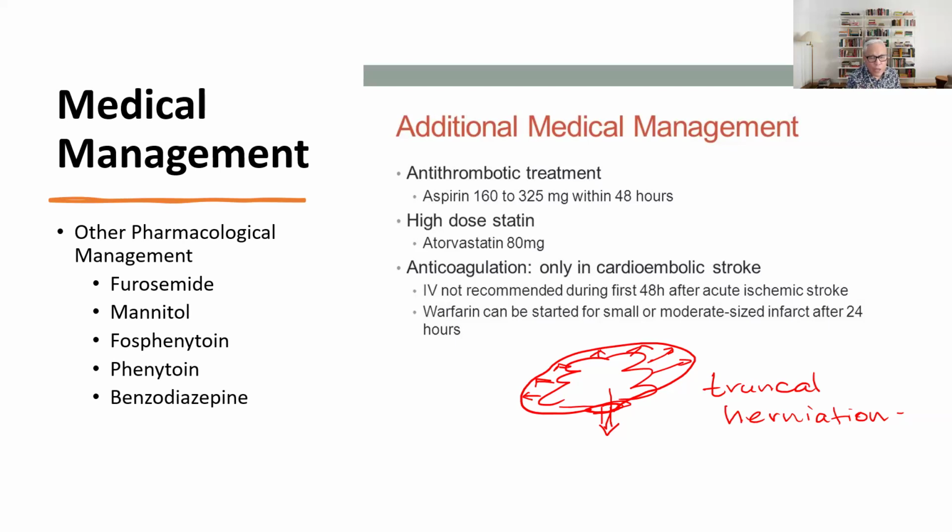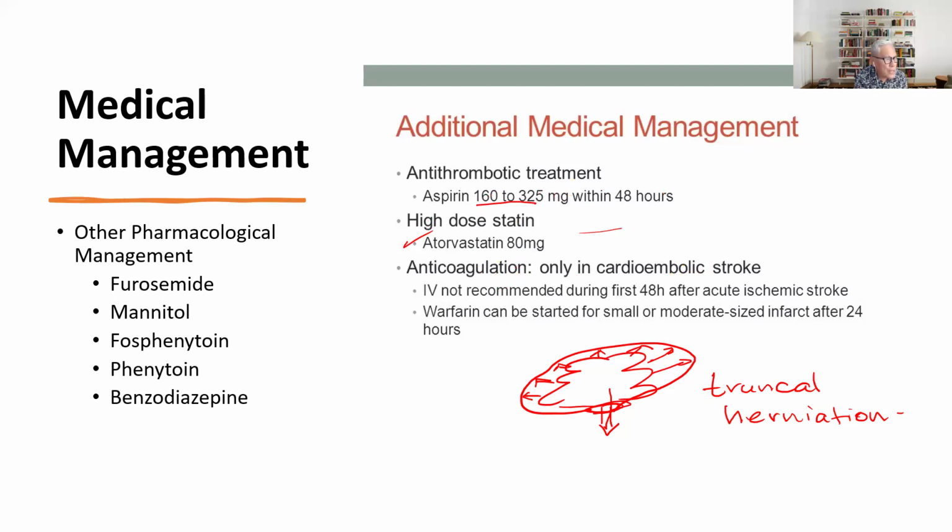All right, so the additional medical management might be aspirin, 160 to 325 milligrams once a day, a high-dose statin like atorvastatin, and anticoagulation. This is going to be particularly important when the patient has had an emboli as a result of atrial fibrillation.